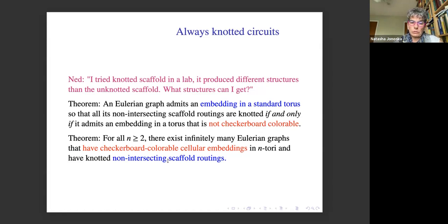And for all n greater than 2, right, n tori, we can have checkerboard colored embeddings in n tori that have knotted non-intersecting scaffold routings. So this was also interesting, that even the checkerboard colorable cellular embedding can produce knotted non-intersecting scaffold routings.